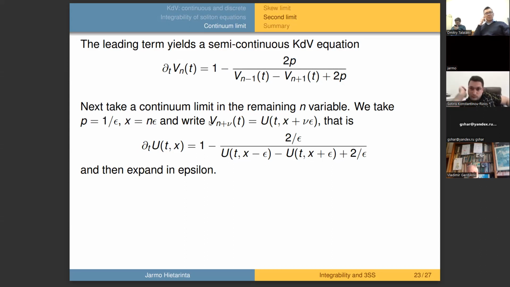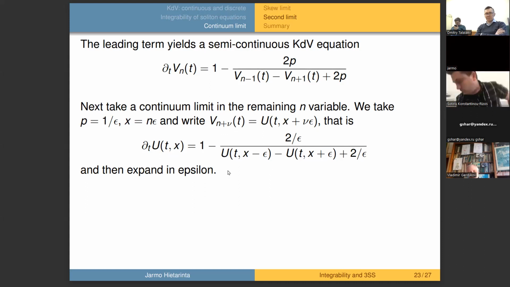And then this v will be written as t plus x plus mu epsilon. So this is maybe surprising, that p is actually 1 over step size, because epsilon is downstairs. If we make this substitution here, then it becomes this. So now it's clear that we have to expand in epsilon, which is here, here, and here.